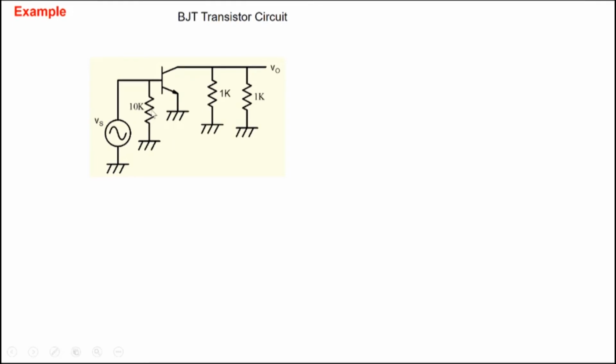We can write KCL and KVL, but we cannot proceed. We won't be able to obtain the full equations, and therefore we won't be able to analyze it.